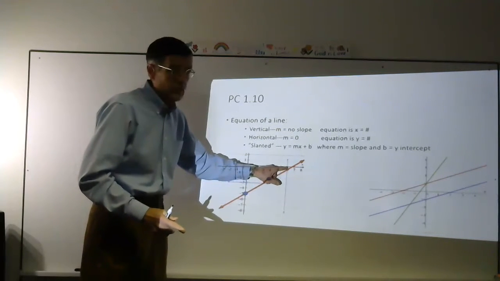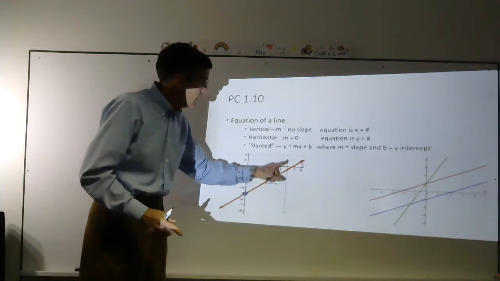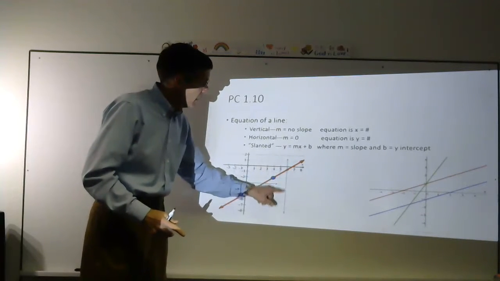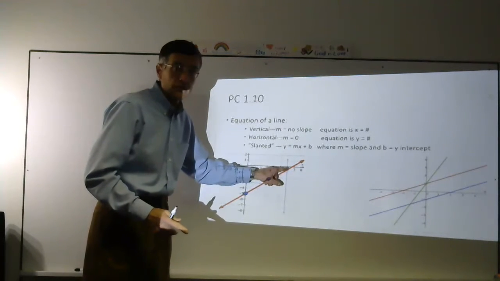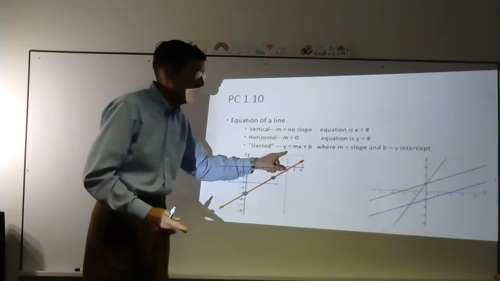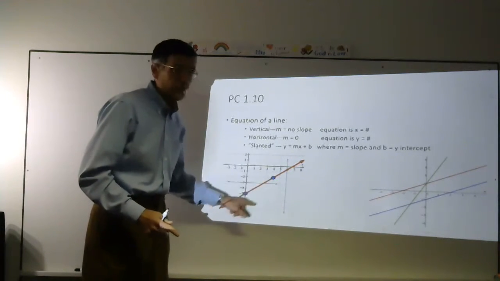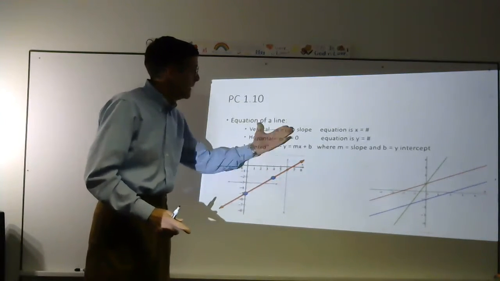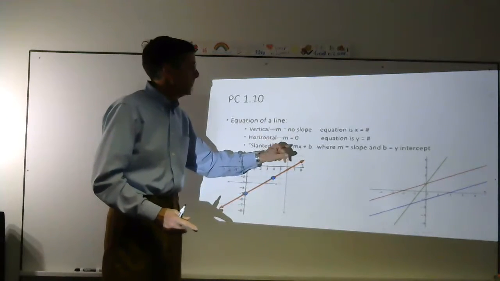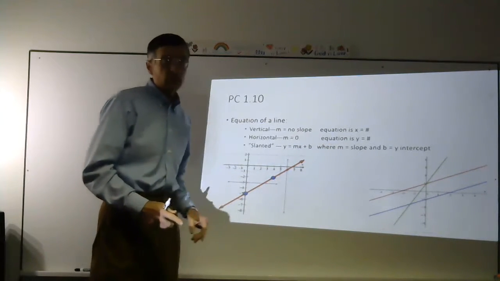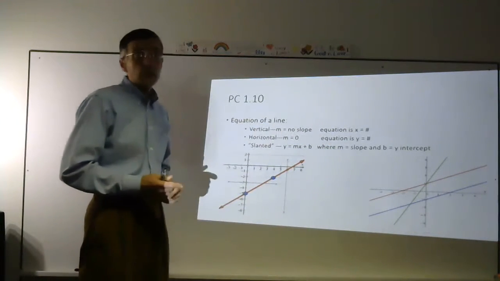It hits at x equal to 6. Every point on this line has an x value of 6. Every point. Millions and millions of points. You always go over 6, over 6, over 6, and then you either go up or down. So the equation of a vertical line is just simply x equals a number, and it has no slope.